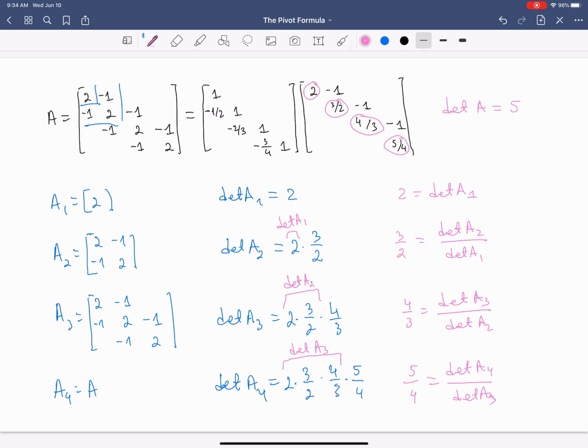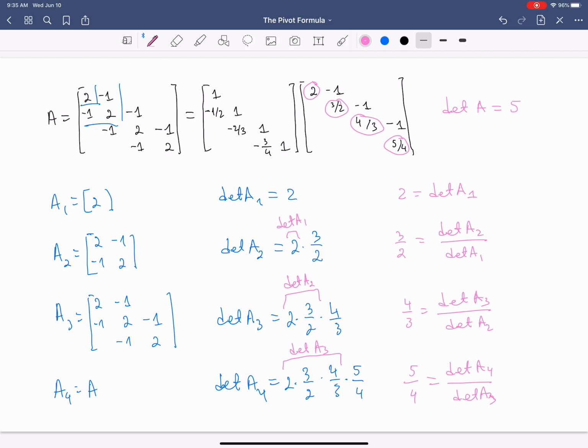Of course, I don't have to do this just on a particular example. This works for any matrix. The kth pivot will be the determinant of AK over the determinant of AK minus 1.